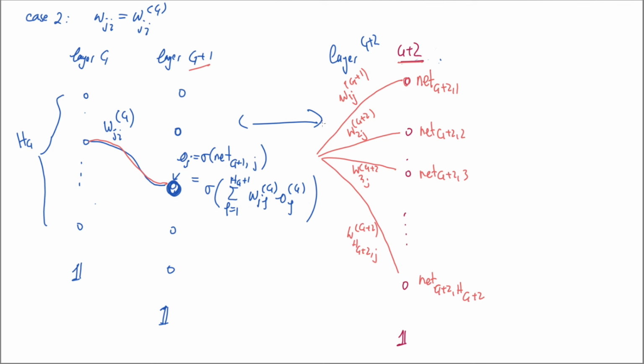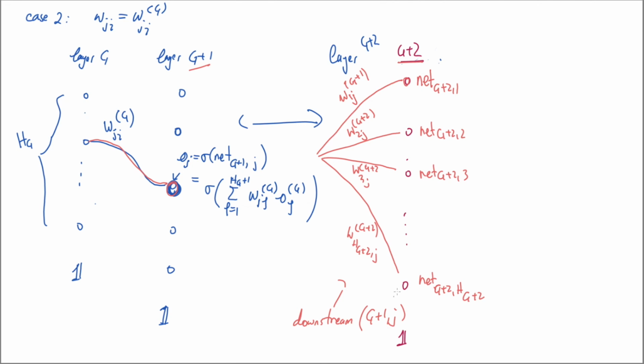This output OJ goes into the next layer after that, the G plus second layer, and it touches all of these guys. So what I'm trying to do is define all the terms that are going to be connected to Wji. What we usually call these elements that are connected, we'll call them the downstream variables.